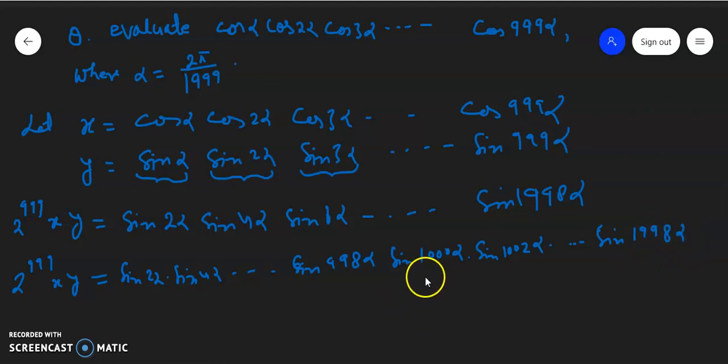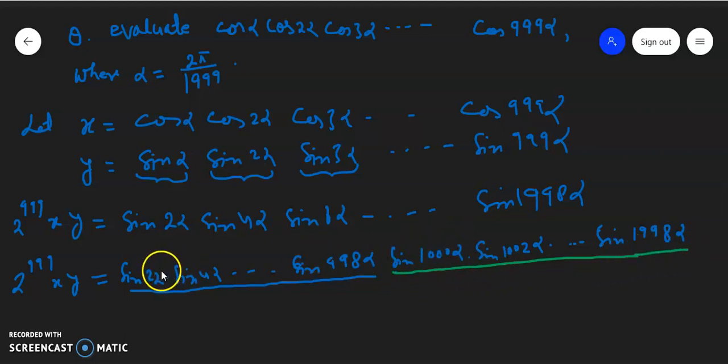Now I'll keep the terms up to 998 as they are, and the later terms I will change using an identity. The purpose here is to get these terms to form y, so that 2 to power 999 xy will be equal to y, and from there I can calculate.